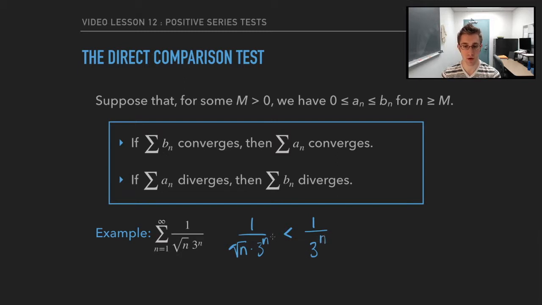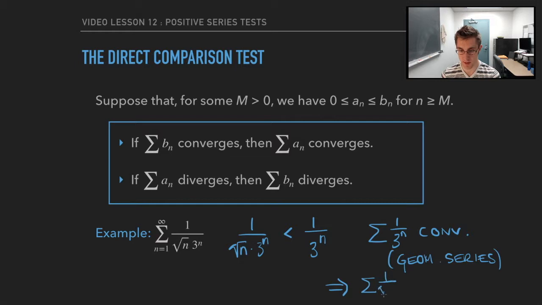So 1 over square root of n times 3 to the n is less than 1 over 3 to the n. And since the sum of 1 over 3 to the n converges, remember it is a geometric series with r equal to 1/3, which is less than 1 in absolute value, that means that this series converges.